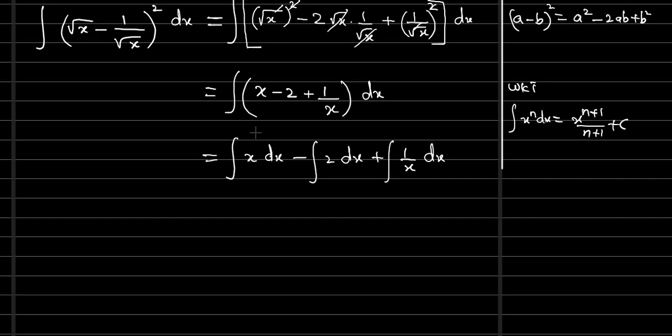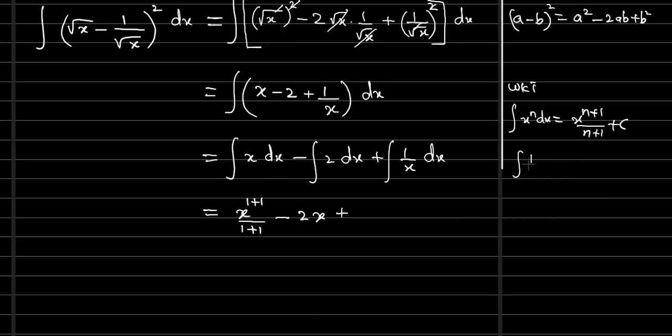Using that, x power 1, so we add 1 to the power and repeat the power in the denominator. Minus 2 is a constant term, we can take it outside, and integral dx gives x. Next one, integral 1 by x dx.